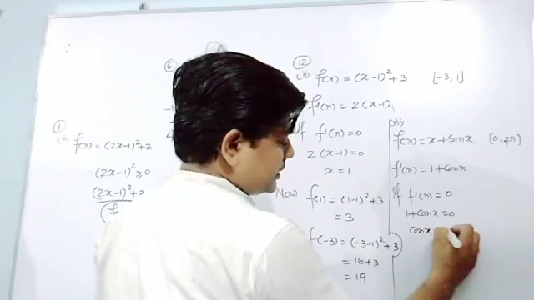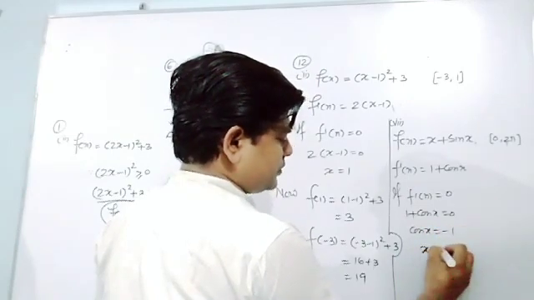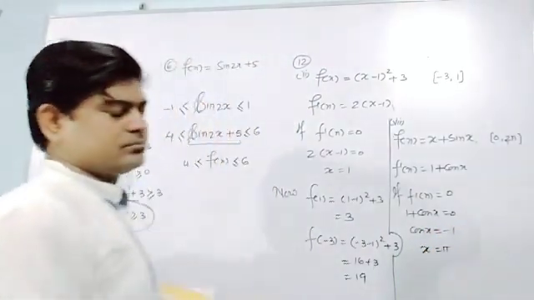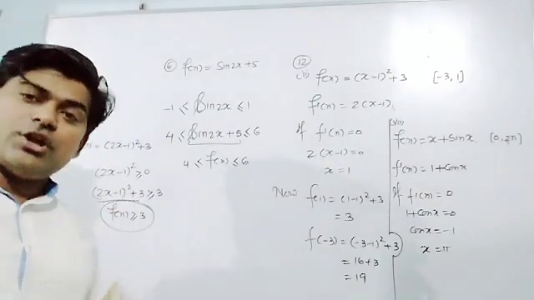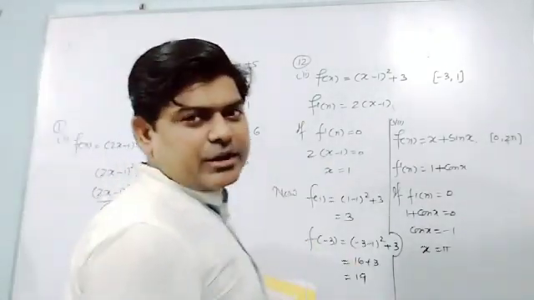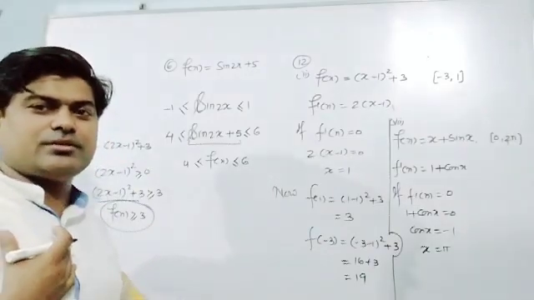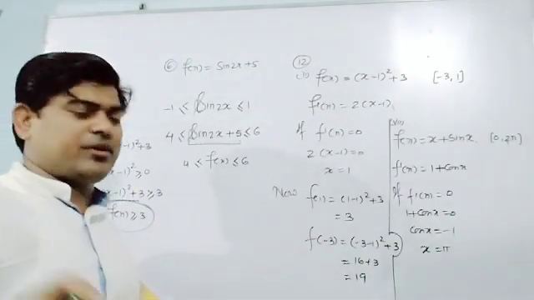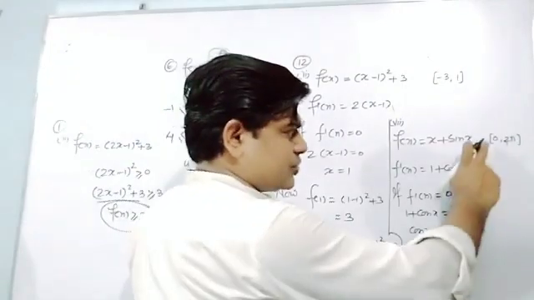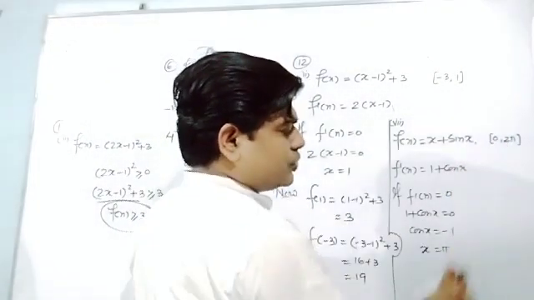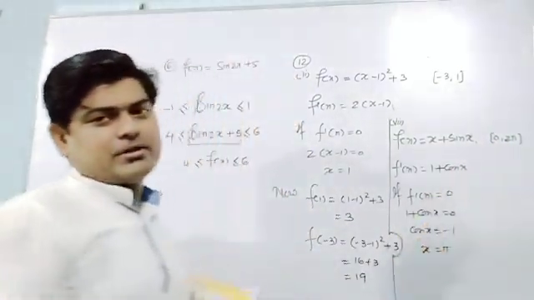Then it can be written as cos x is equal to minus 1 and x is equal to pi. Now we will find the value of f(x) at 3 points: when x is equal to 0, when x is equal to 2 pi, and when x is equal to pi.